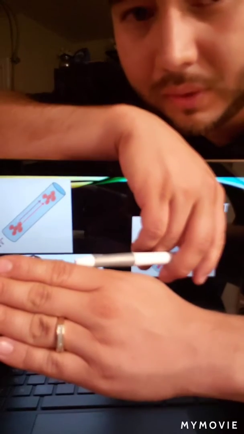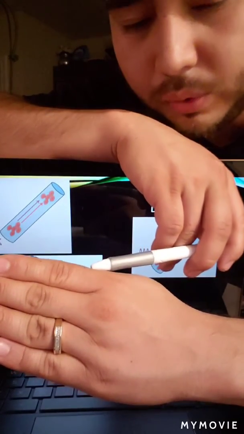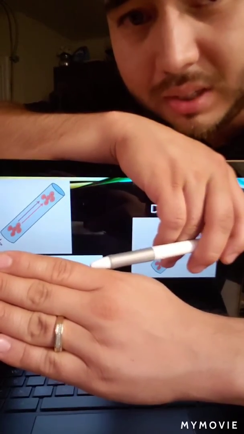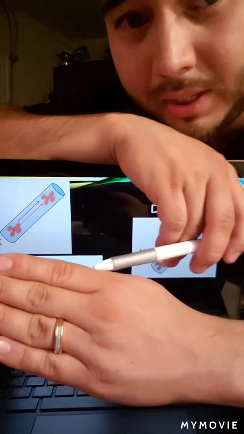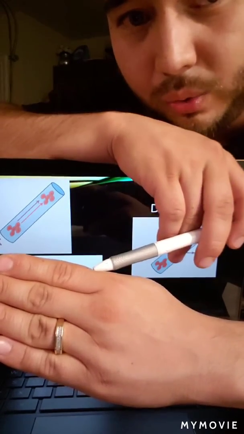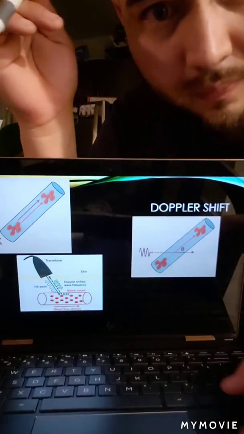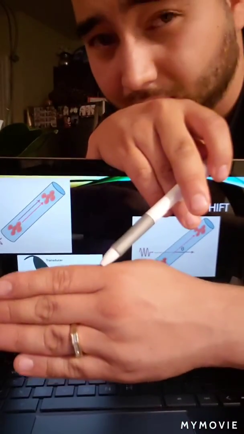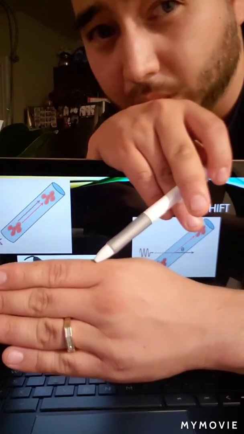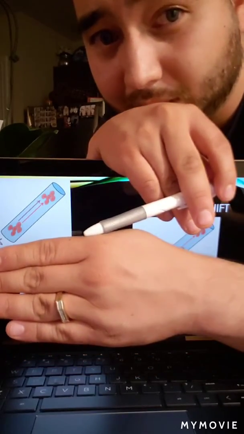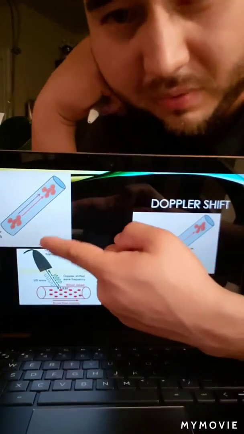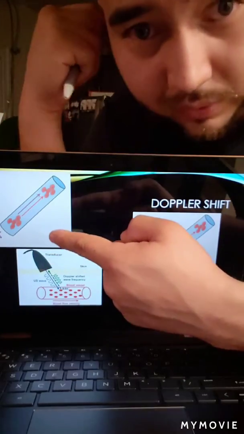So the more you heel-toe and try to get the velocity of that blood, the more accurate it's going to be. If my transducer is at 60 degrees, the velocity is not going to be as accurate as if it were at 10 degrees. This is a perfect example of measuring blood flow.